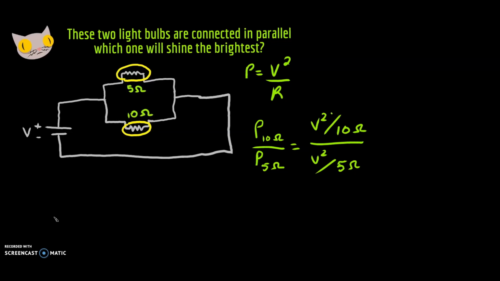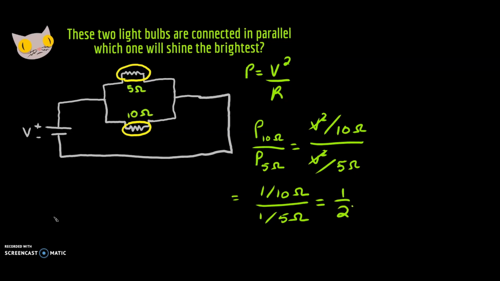Now, because they have the same voltage, we can cancel these out. So we're left with 1 over 10 ohms over 1 over 5 ohms. And with this, we get 1 over 2.